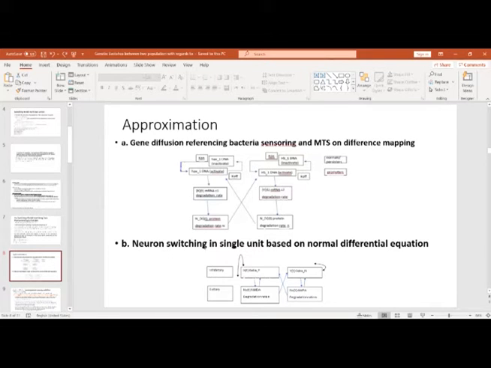Similarly, our neuron model is based on the inhibitory populations and the excitatory populations. The first unit here is from the task negative neural network, and the second unit is the task positive neural network.